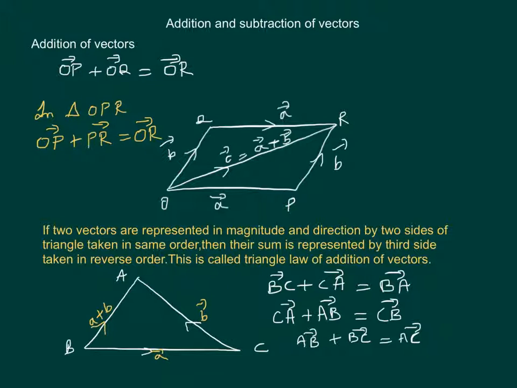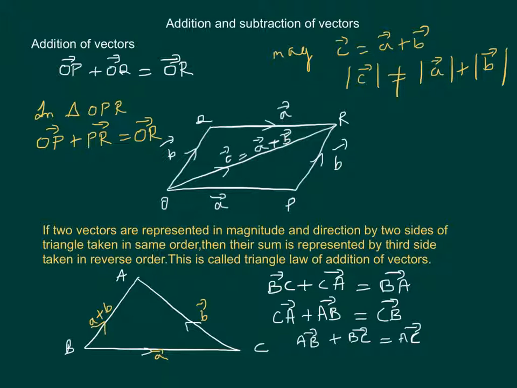And note that the magnitude of the vector that we get, that is vector C, which is A plus B, is not equal to, that means magnitude of C is not equal to magnitude of A plus magnitude of B. That is, the length of the addition vector is not equal to the sum of the individual lengths of the two vectors.